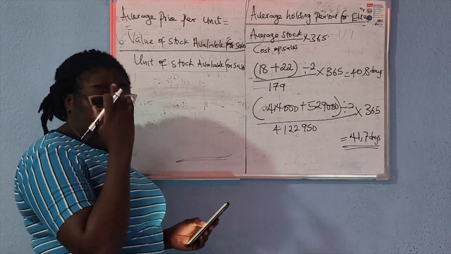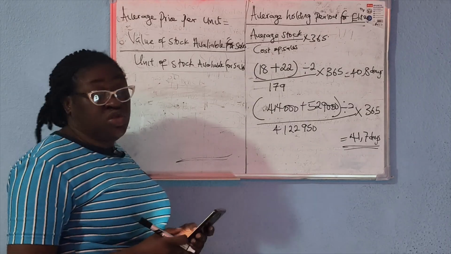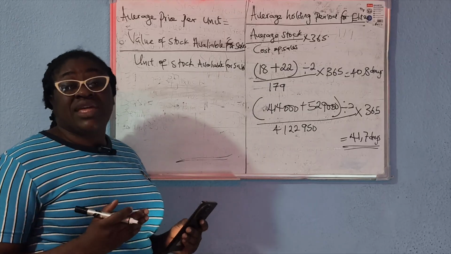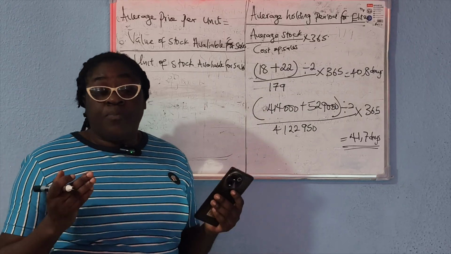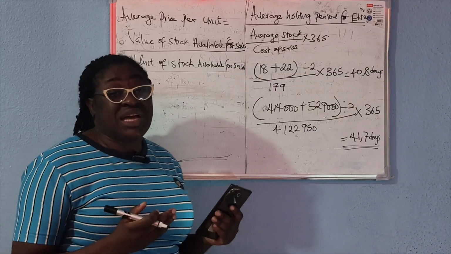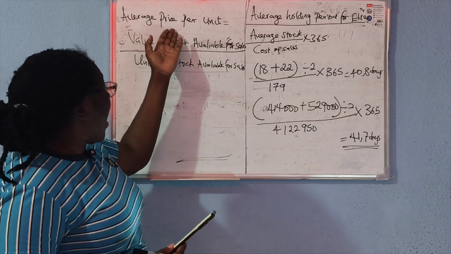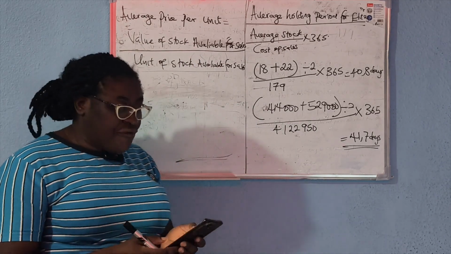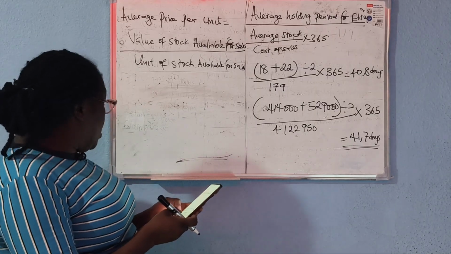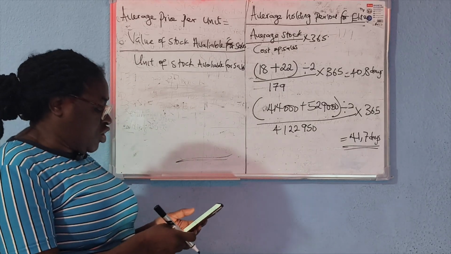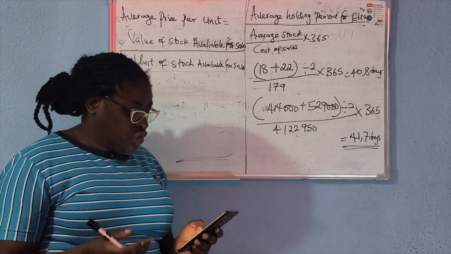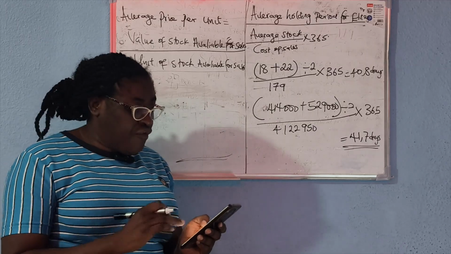Remember, with the pillows, we are using the weighted average method. So for us to get the amount for 55 units, we need to first calculate the average price per unit. And how do we get that? We look at the value of stock available for sale over the units of stock available for sale.